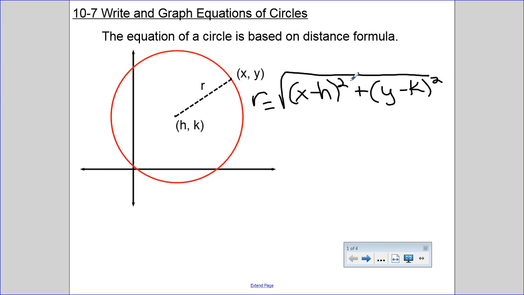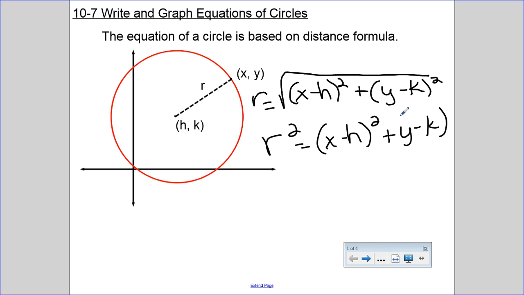If I squared both sides, I would get r squared equals (x minus h) squared plus (y minus k) squared. And that is the standard form of the equation for a circle.